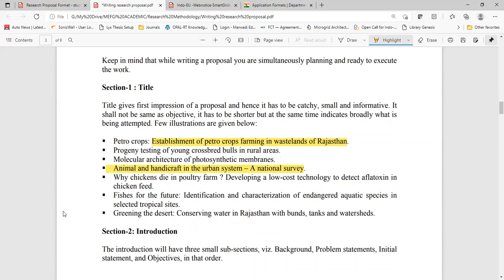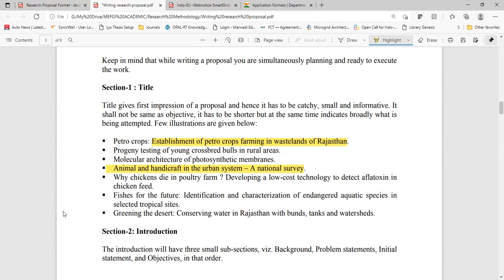For example, in this city, let us say, we have a large number of cattle, particularly cows and buffalo, right? So then it's an asset, right?